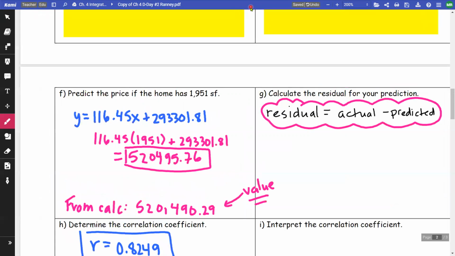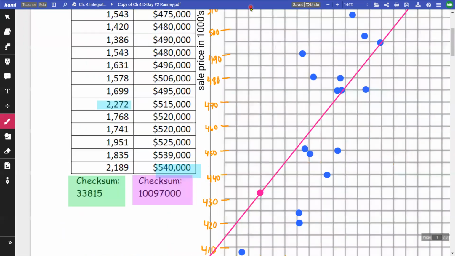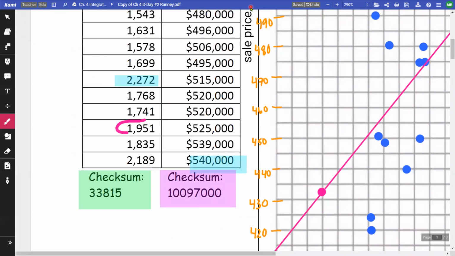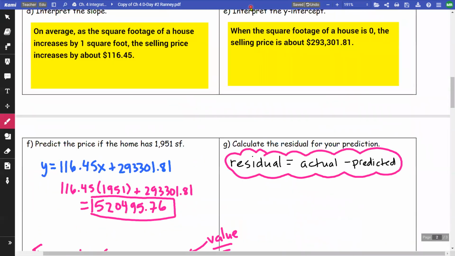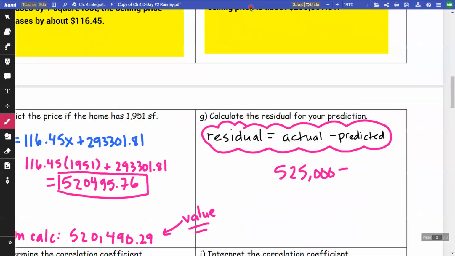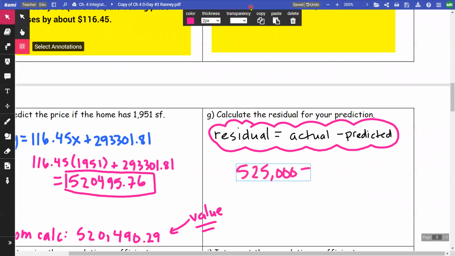Now, for the actual, for 1951, I get that from my table. So I come here and my actual is 525,000. So my actual is 525,000 minus, and then I am going to be subtracting this amount over here.